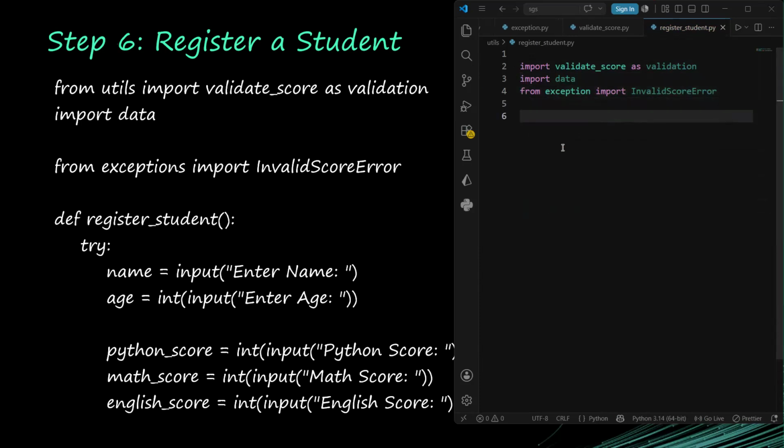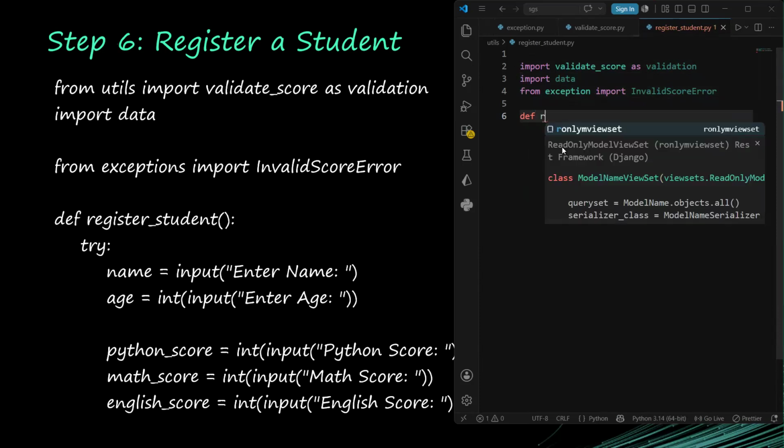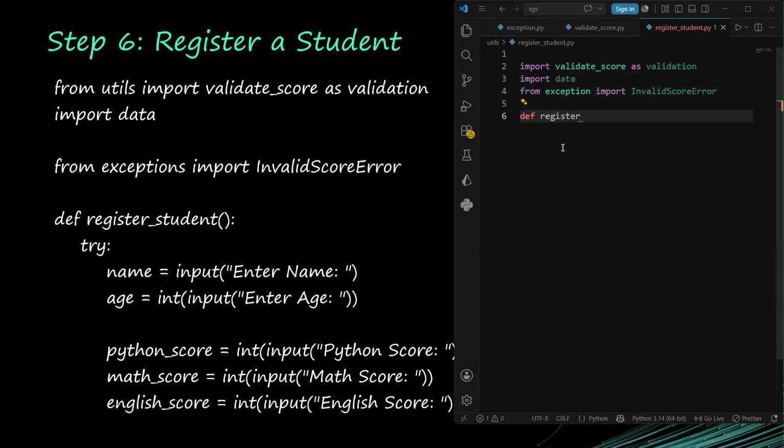So now let me create my function. register_student is the name of the function. It takes nothing, but I'll put everything I'm doing in try except.